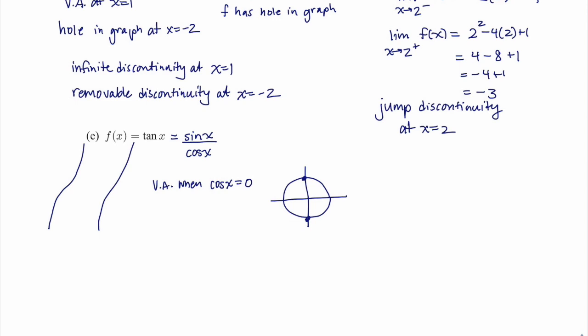So vertical asymptotes will occur when x equals pi over 2 or any multiple of pi added on to that, right? Because anytime I rotate another half rotation, I'll have another place where the cosine is 0. So at x equals pi over 2 or any integer multiple of pi added to that, we will have an infinite discontinuity.